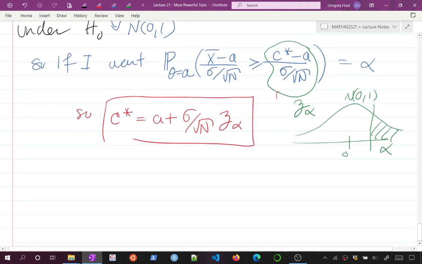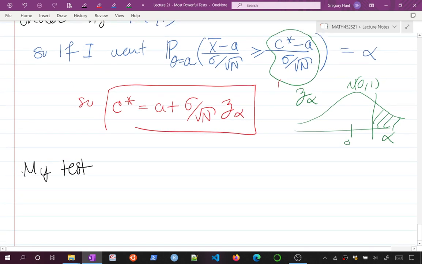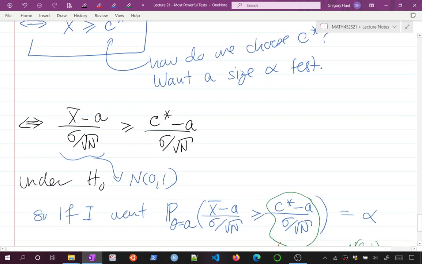So what's my overall test? There's a couple of ways of doing this. You've seen here how many different versions of this test you could write. They're all kind of equivalent.